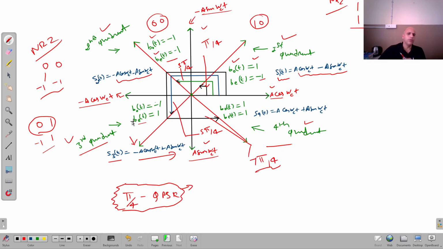It has been proved that in pi by 4 QPSK the required bandwidth is half that of BPSK, binary phase shift keying. It also increases the data rate or bit rate.